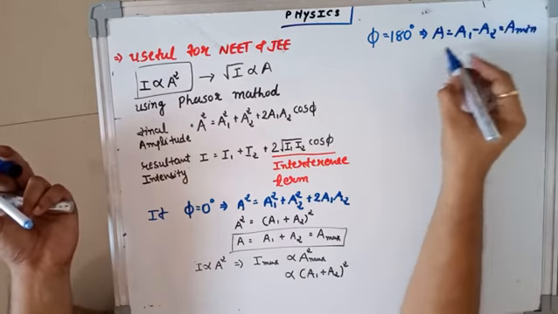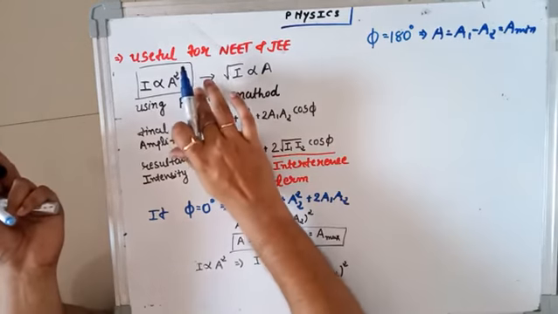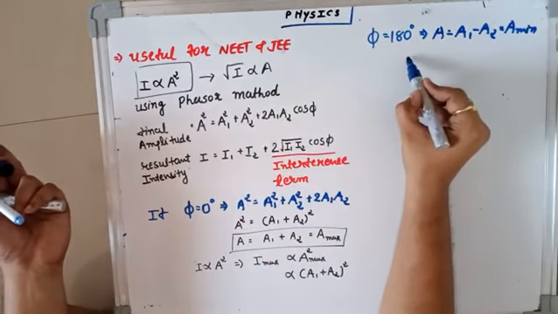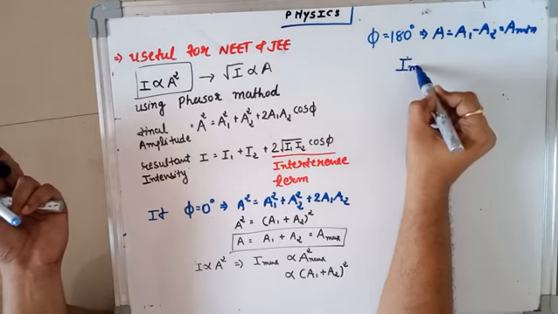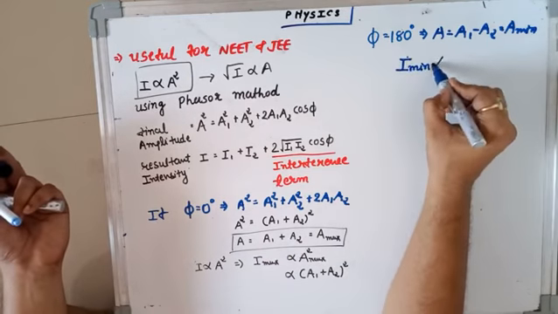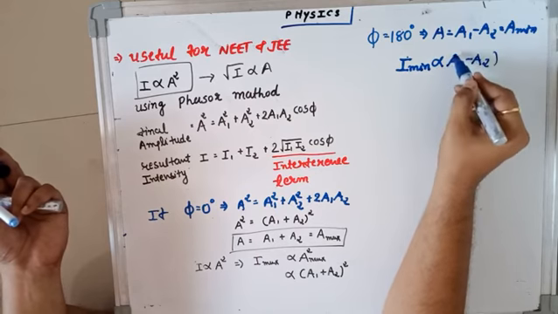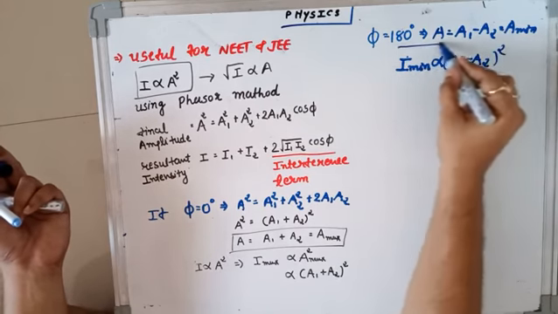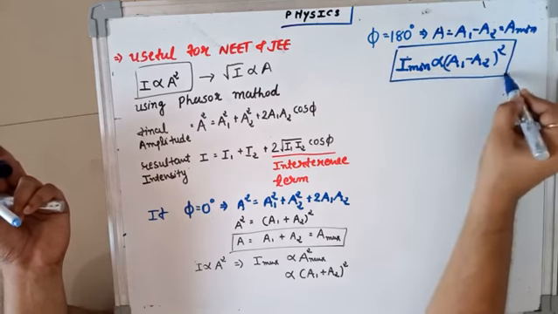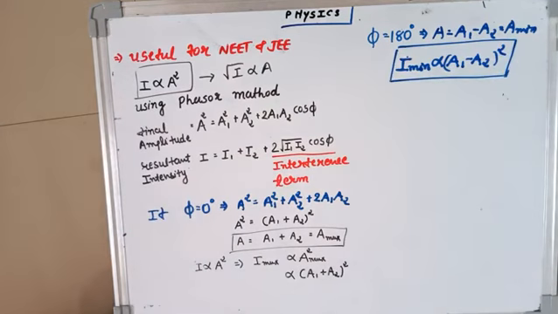And from this equation we can write I minimum is proportional to A1 minus A2 whole square. There is a most important thing: I minimum is proportional to A1 minus A2.